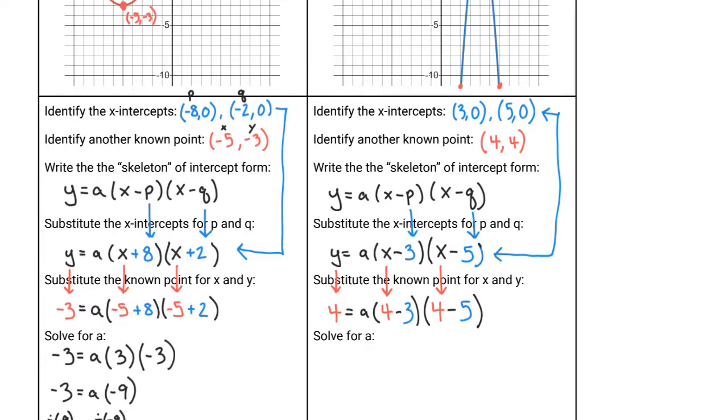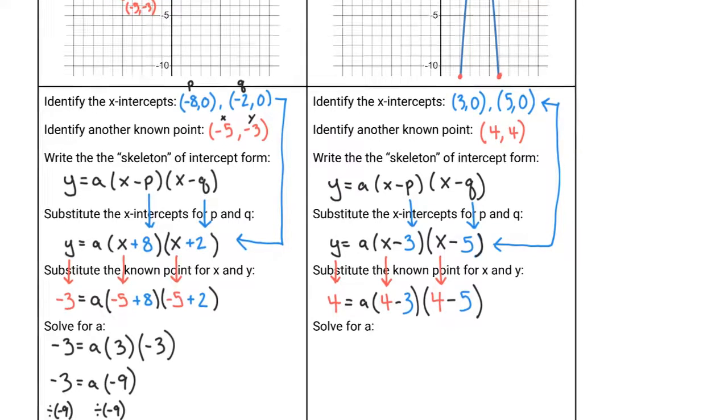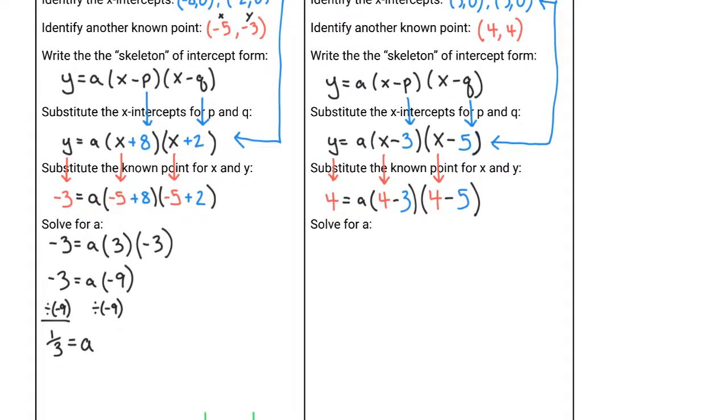Oh, whoops, I put that in blue there too. All right. All of our plugging in is good. Notice that our only variable left is A, and so that lets us solve for A.